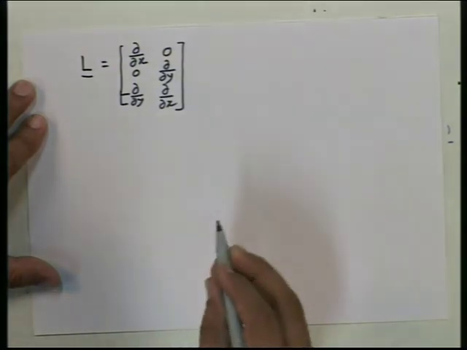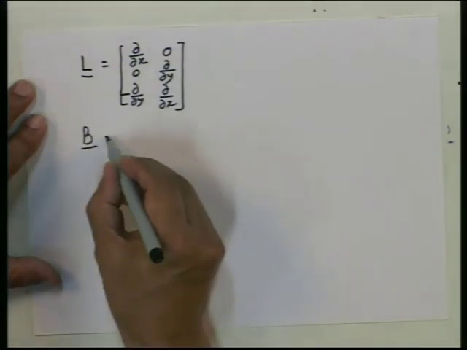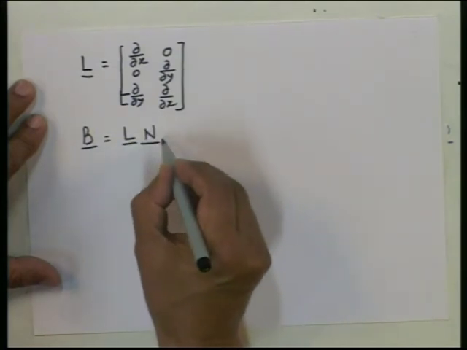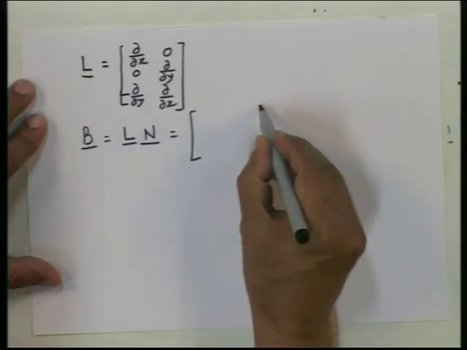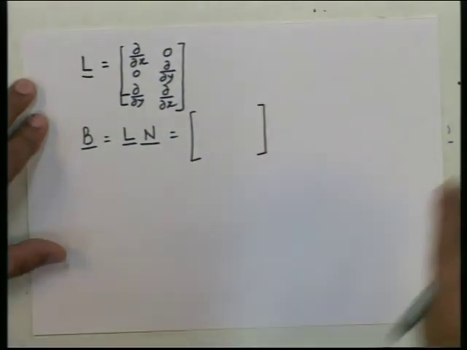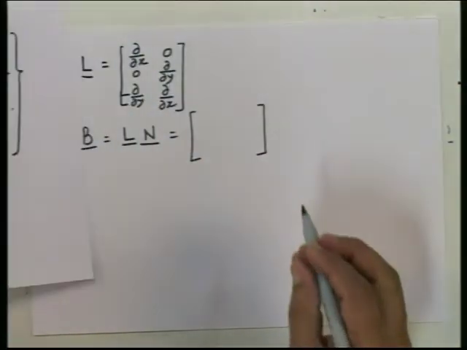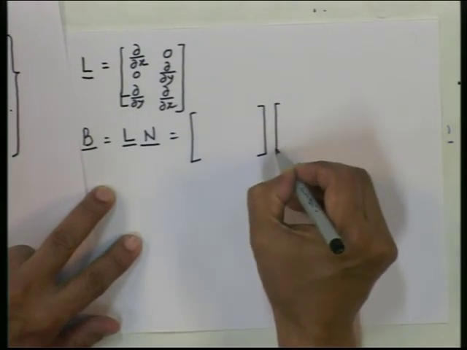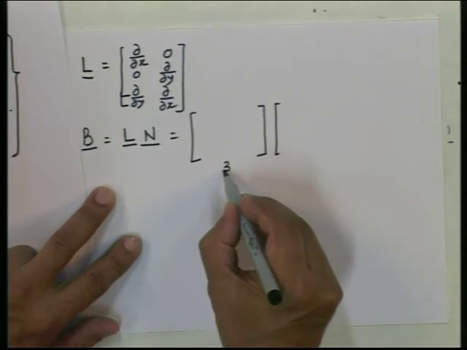We also have our N matrix. Just now we saw the N matrix. So, B is given by L into N. L multiplied by N. What is the size of this?